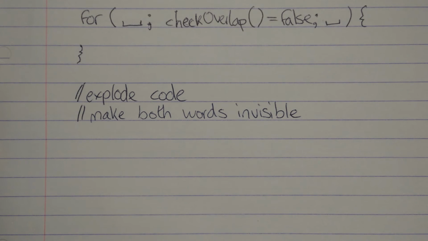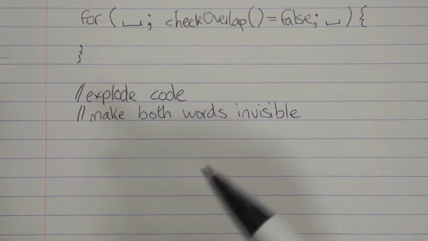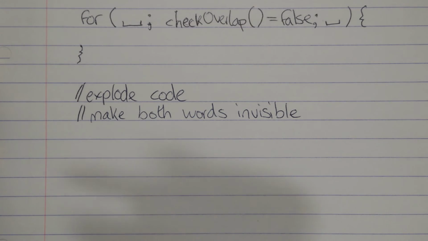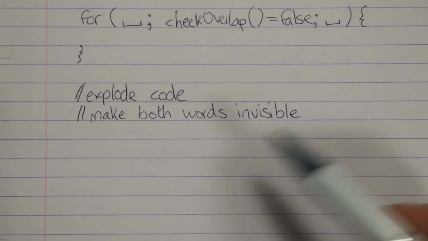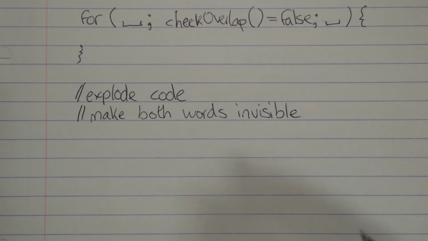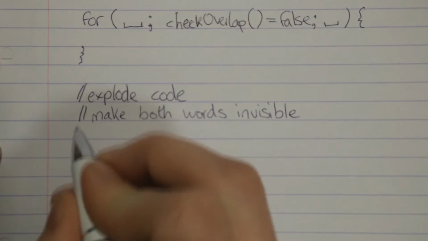So if you said hello world, hello would have H, E, L, L, O, and world, so on. So for every letter in there, we are going to make the letter visible, and then we are going to give it a random position as if it just exploded and all burst out with the letters going across the screen. So I'm going to use a for loop.